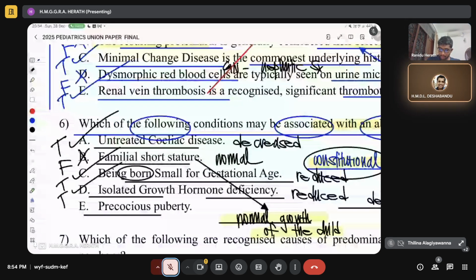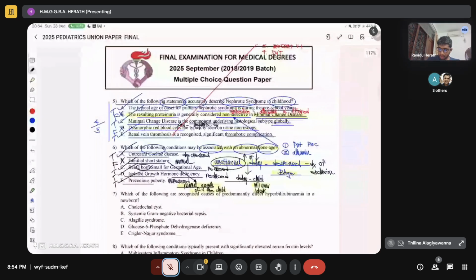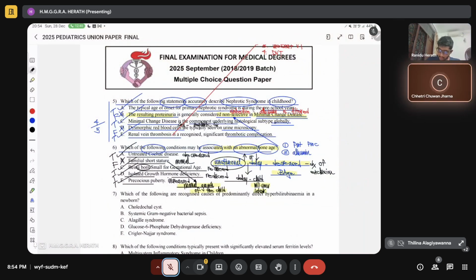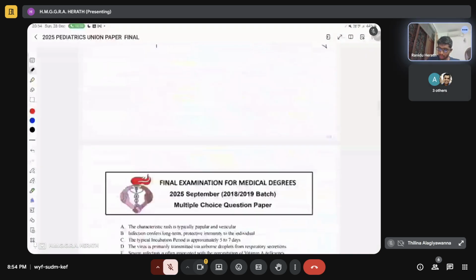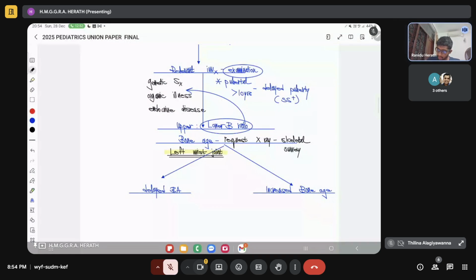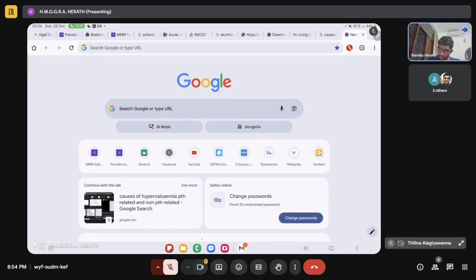So both of these are true, right? Understood? Whichever is abnormal, we have to put it as true. Okay. So we'll see the conditions which lead to short stature that have abnormal bone age, right?